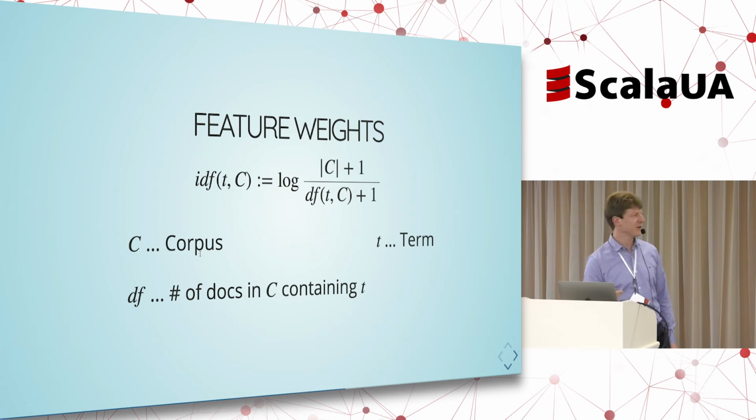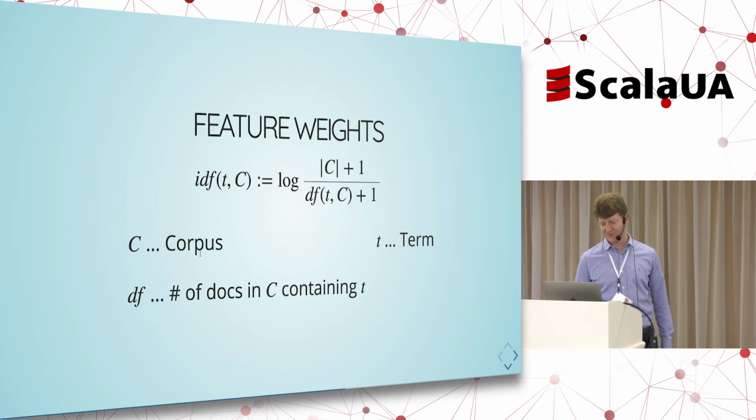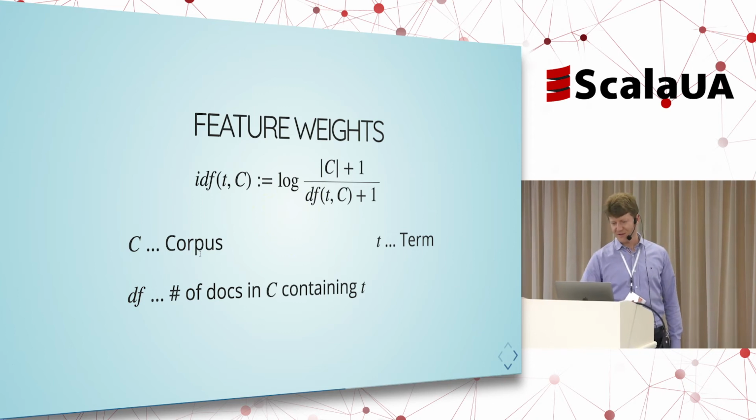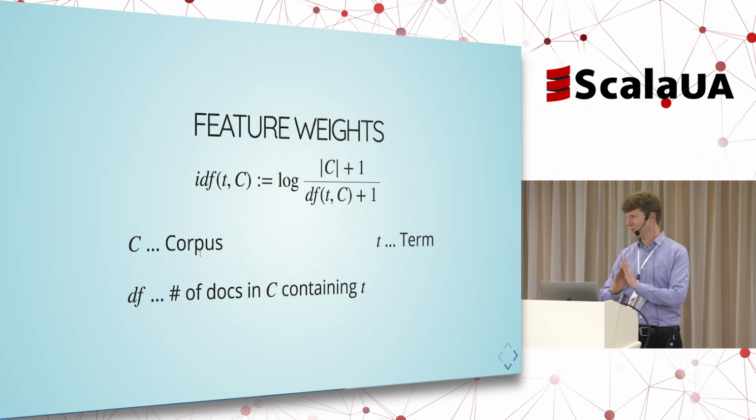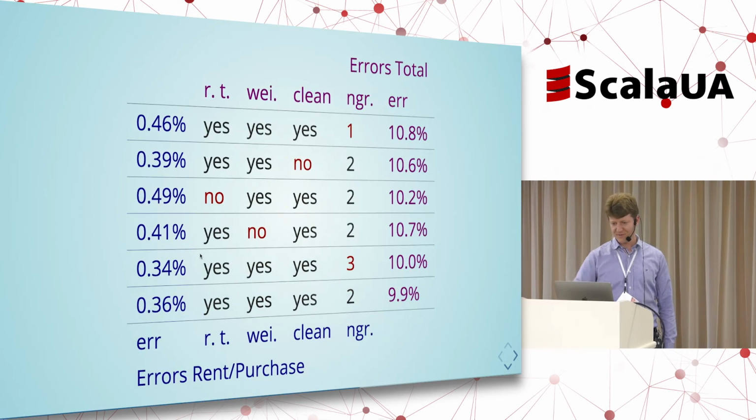The best known transformation that accomplishes this is called the inverse document frequency transformation you see here. And that's also already more or less built into Spark, so you don't have to implement this yourself.